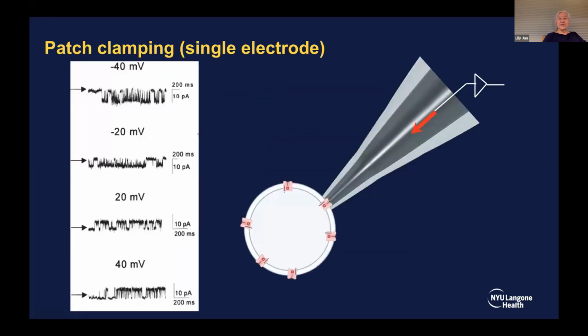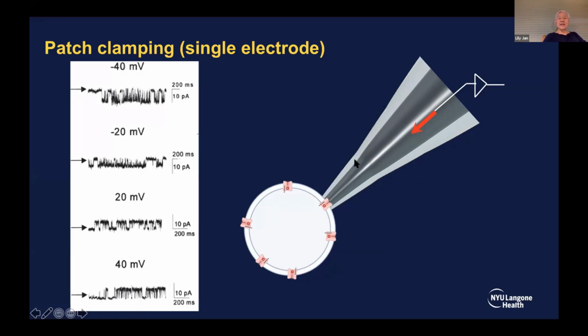For patch electrode, that makes it possible to record from small cells like lymphocytes. And in this example, we have a single channel that's active in the membrane patch. Once you have a tight seal, you have a membrane patch, and any channel that's open, the current flowing through will be detected by the electrode.